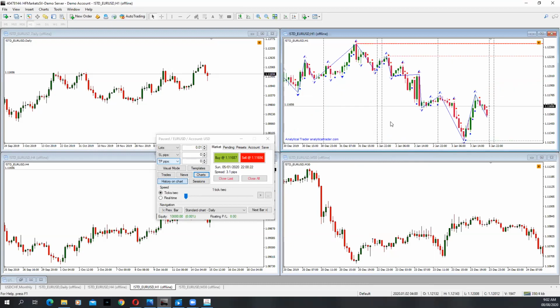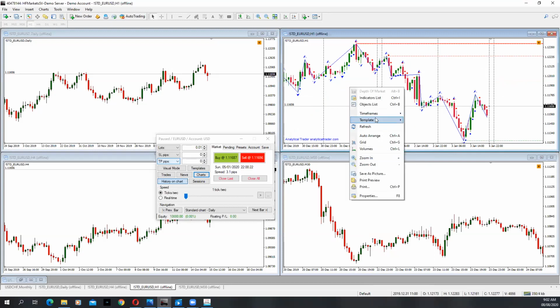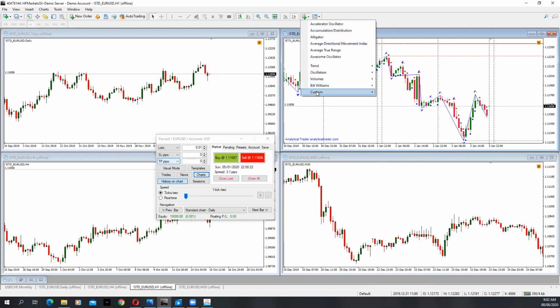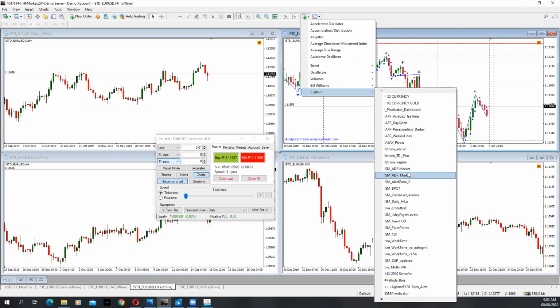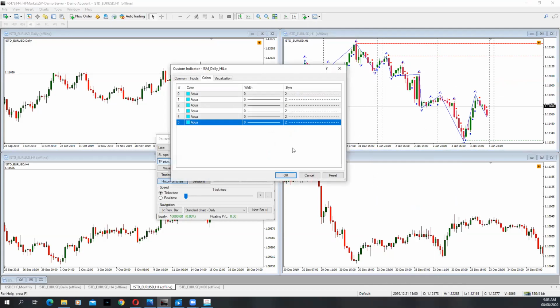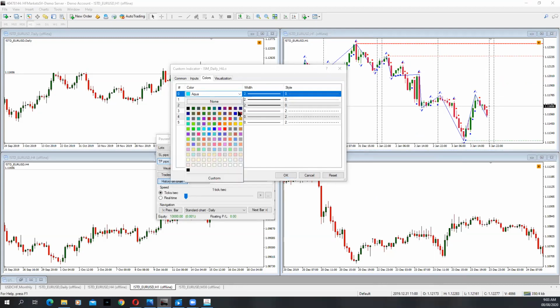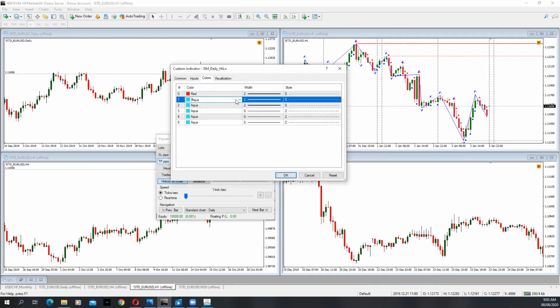I don't know why. But let me put the other one. There's the intraday daily high, daily low. Let me see. Maybe it's kind of faulty today.